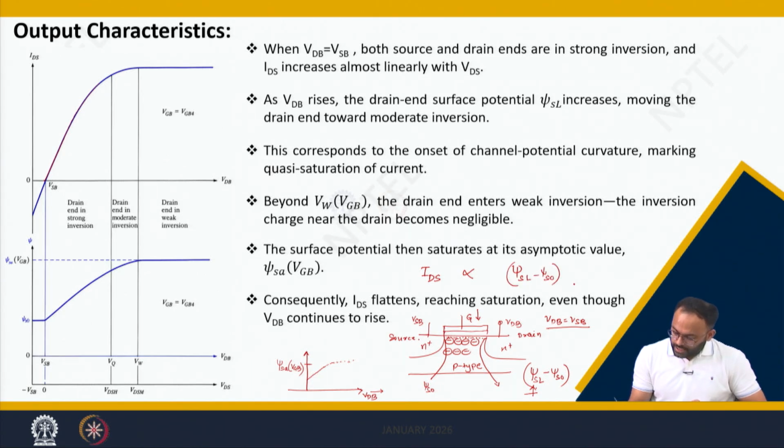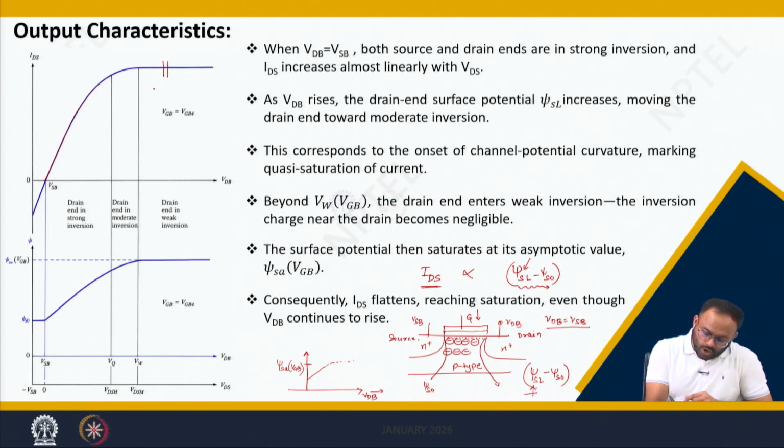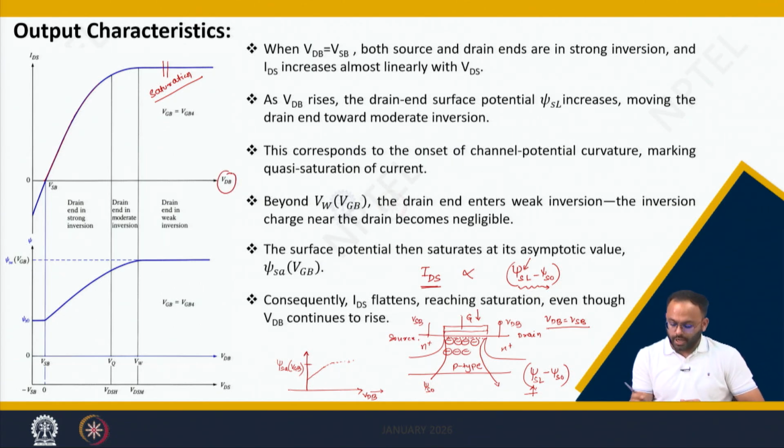So by increasing VDS also, this potential is not changing, meaning the difference is fixed, and hence the current is constant. That is what you call the saturation region of operation, where VDB is increased beyond a point where the surface potential is pinned to a value of psi SA.